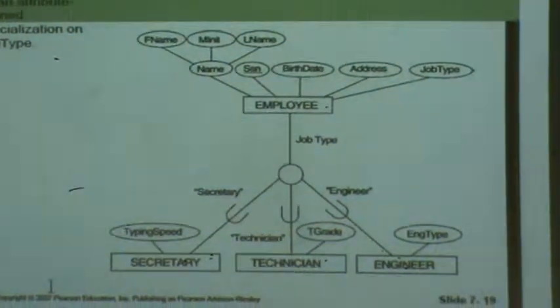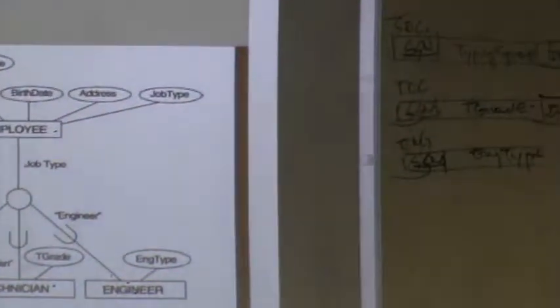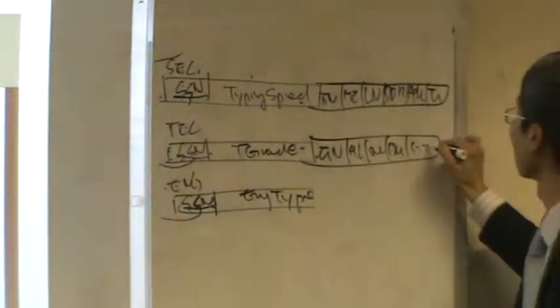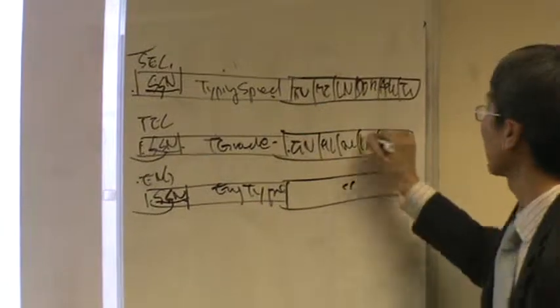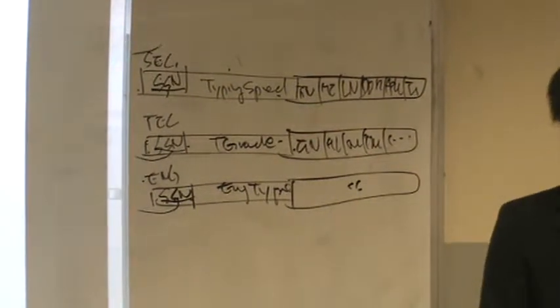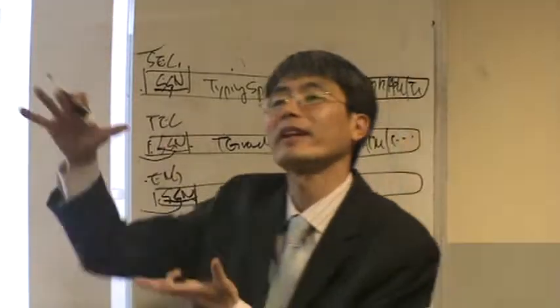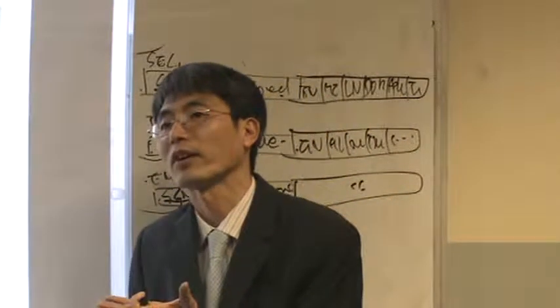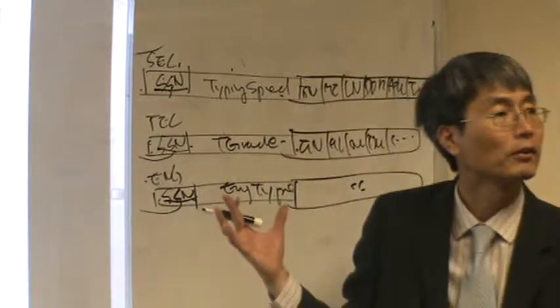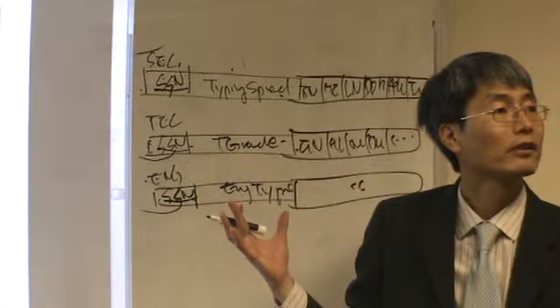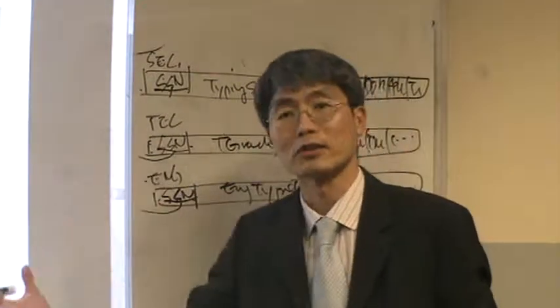Same thing for the others, copy this. Do we need any foreign key? They are independent this time. There is no relationship. So this is another option.